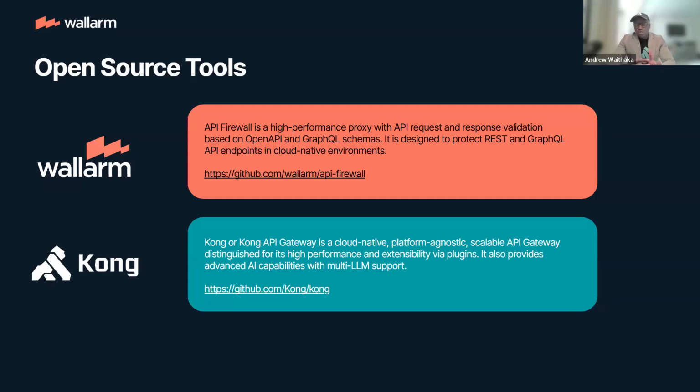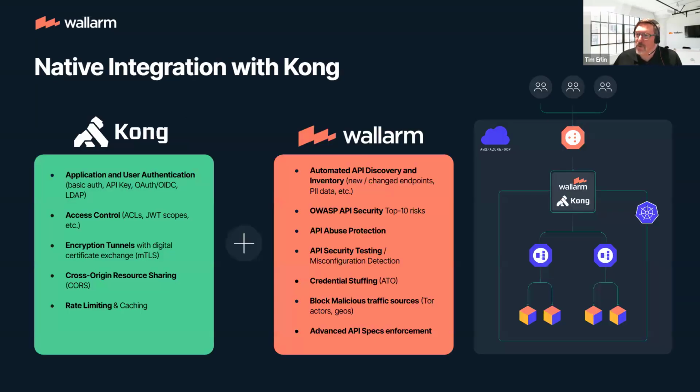As those organizations mature and they're looking for more capabilities, they will typically evolve to the enterprise side of Kong, where they can start taking advantage of the platform features of the solution, which allows them to do a lot more things, like cataloging the APIs, etc. Yeah, makes sense. I think there's a similar pattern for WallArm as well, moving up to the API discovery features, the platform features.